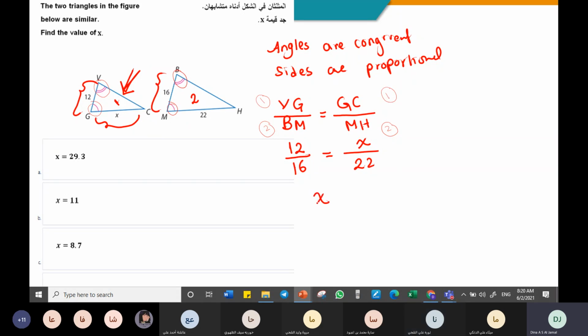So how can I get x now? What shall I do? 12 multiplied by 22 divided by 16. So what do I call this method?